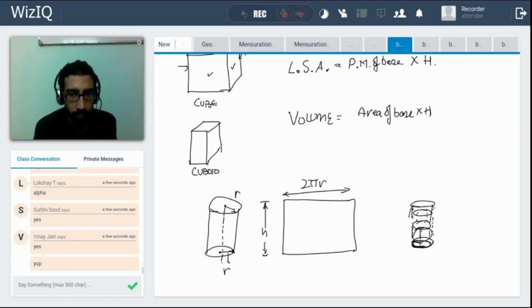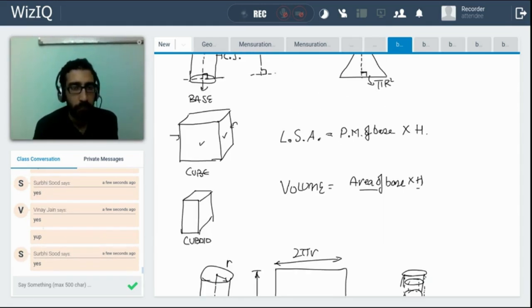So the volume becomes pi r square times height, area of base times height, and for a cylinder it becomes pi r square into h. Is this clear? Okay.